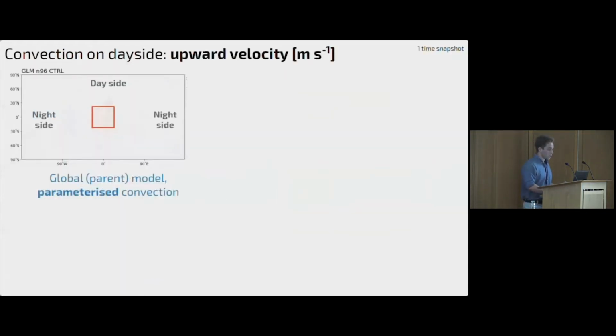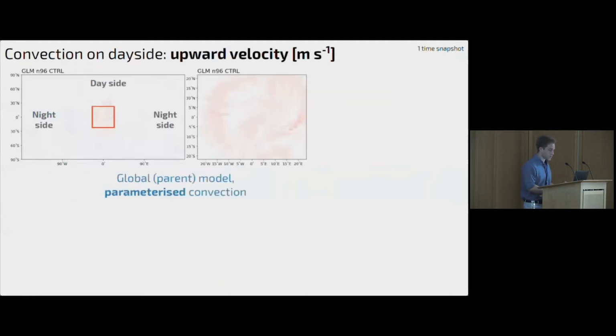When we look at the output of these simulations, this is so far just the global model again at a coarse resolution with convective parameterization, and this is just a chunk cut out of the global model around this nested region, and you see that in terms of updrafts, the rising motions, the upward velocity field is quite washed out and weak.